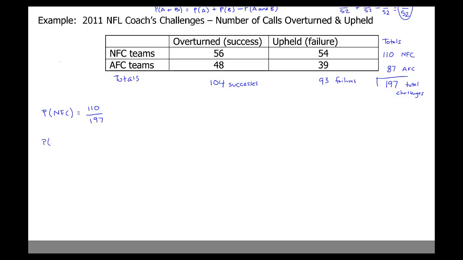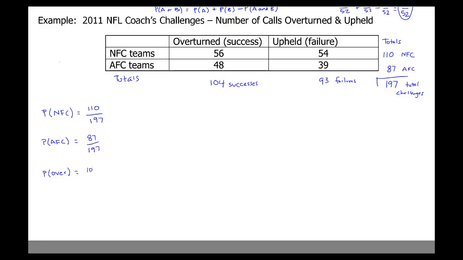And we could do that for each individual thing that's in our table. So the probability that AFC was the one challenging, they did 87 out of 197 challenges. The probability that any particular one was overturned, I'm just going to write over to summarize or shorten that up.